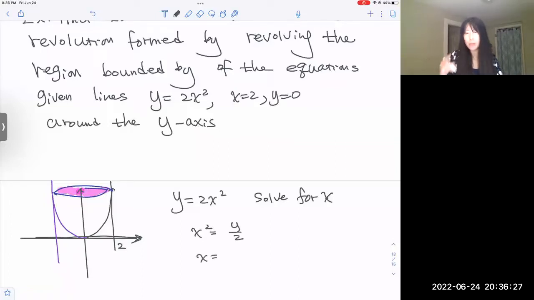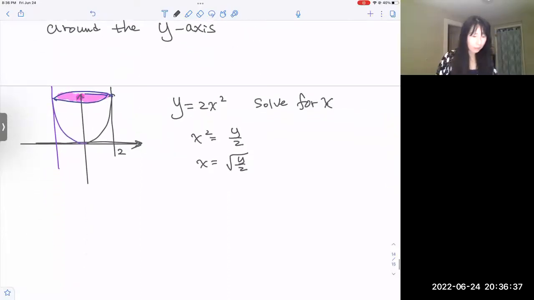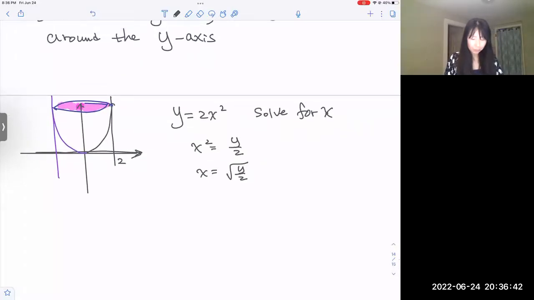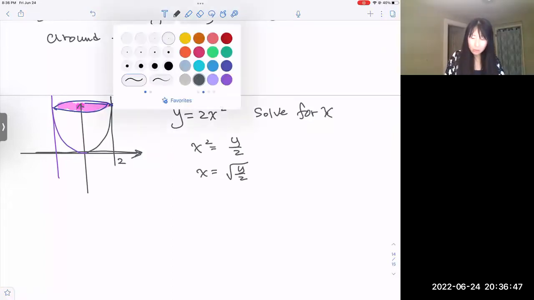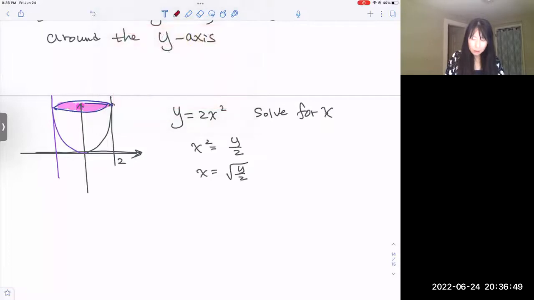X equal to plus or minus the square root of that; let's take only the positive, so the square root of y over 2. Now, from the y-axis, from here to here is the outer, and from here to here is the inner.